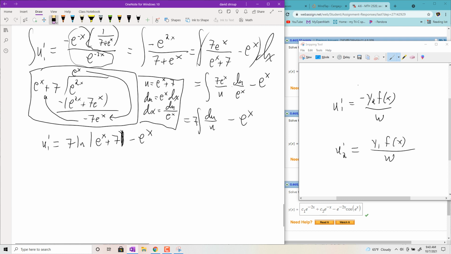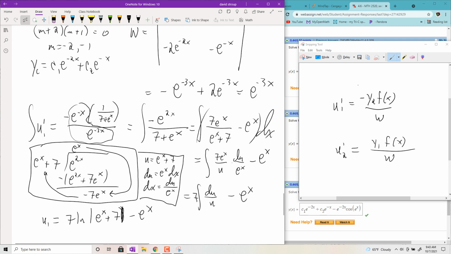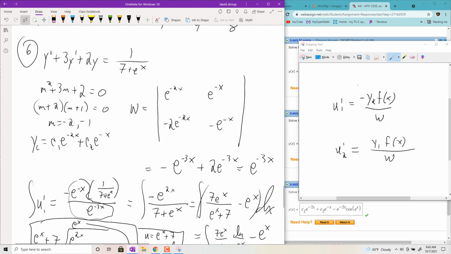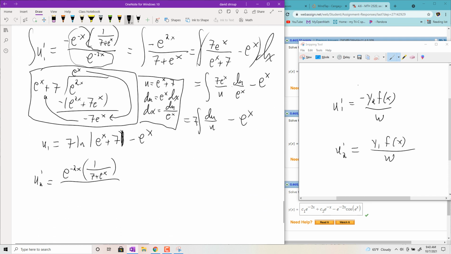Whoops, u1, just u1, not the prime. Then I need to get u2, so u2 prime is y1, which is e to the negative 2x, then f of x, which is 1 all over 7 plus e to the x, all over the Wronskian, which is e to the negative 3x. Okay. Simplifying here with this part, that will just be e to the x.